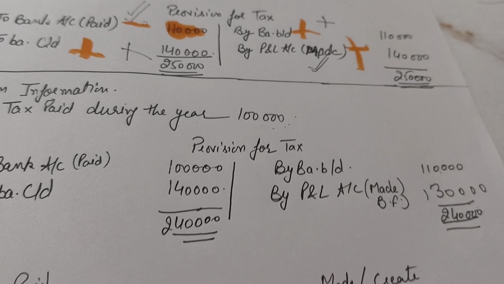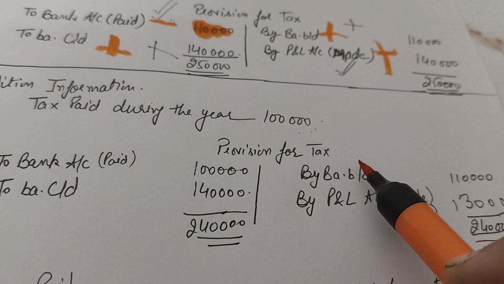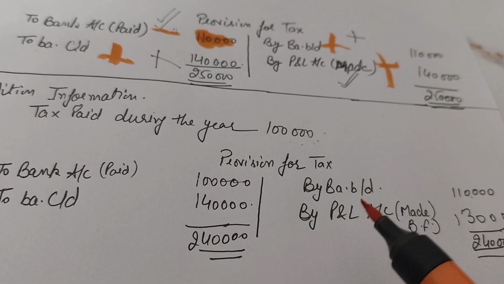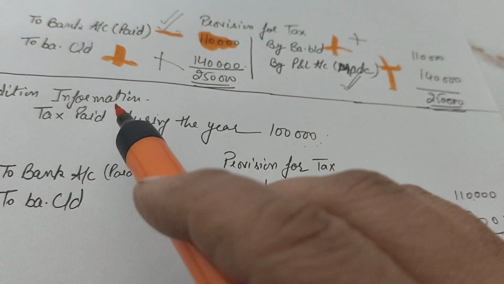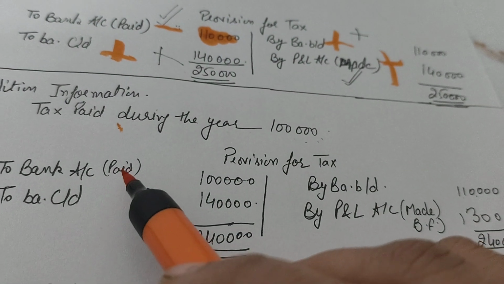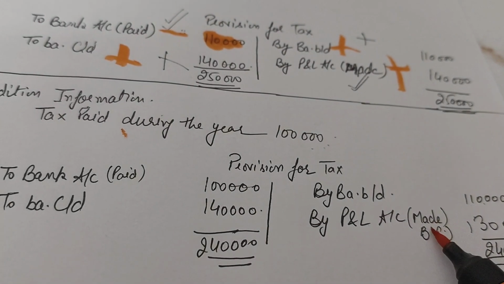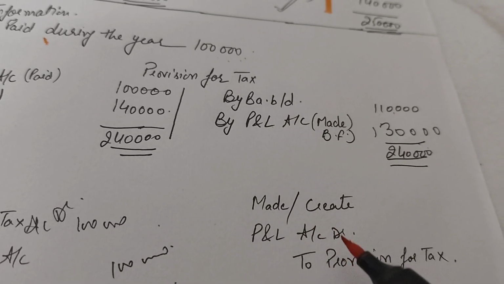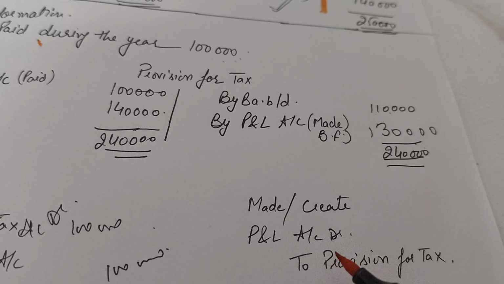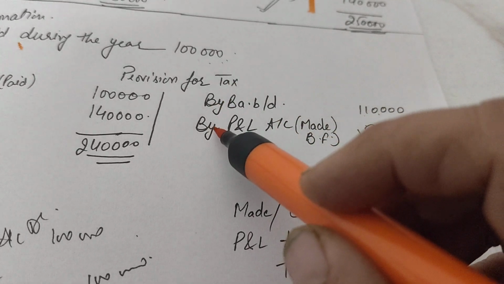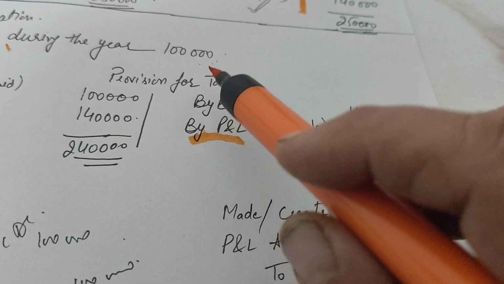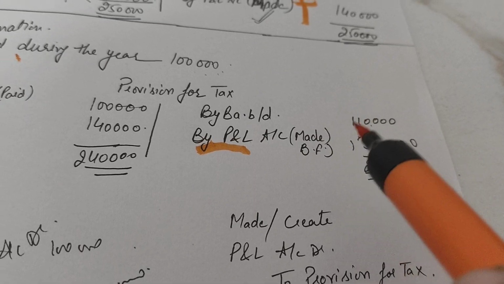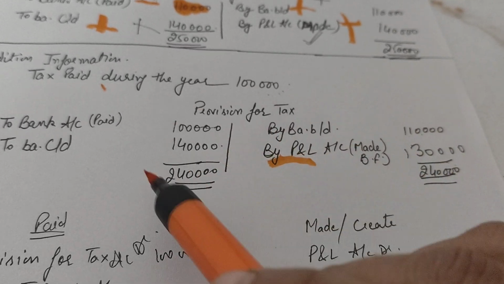So in this particular case, your brought down balance is not similar to the paid and the carried down is not similar to the made. So when you are given any additional information, if it is a paid value, it will go to bank. If a made value is given, then it will go profit and loss account debit to provision for taxation account. So it will appear on the credit side of your provision for taxation account by P&L account, right? So here in this case, now you are clear, because we are having different values here.